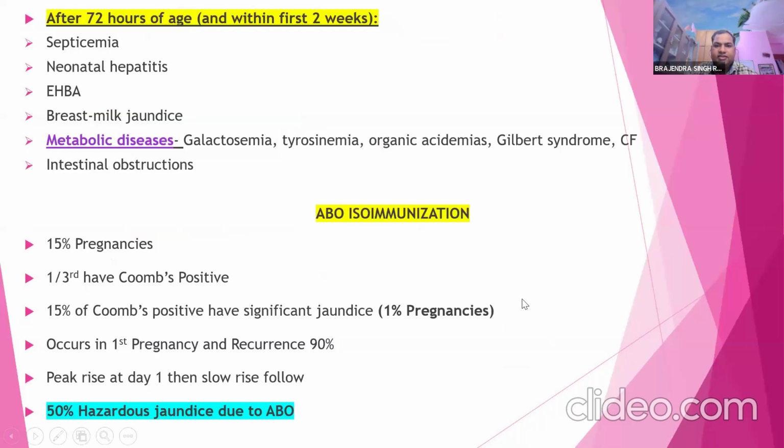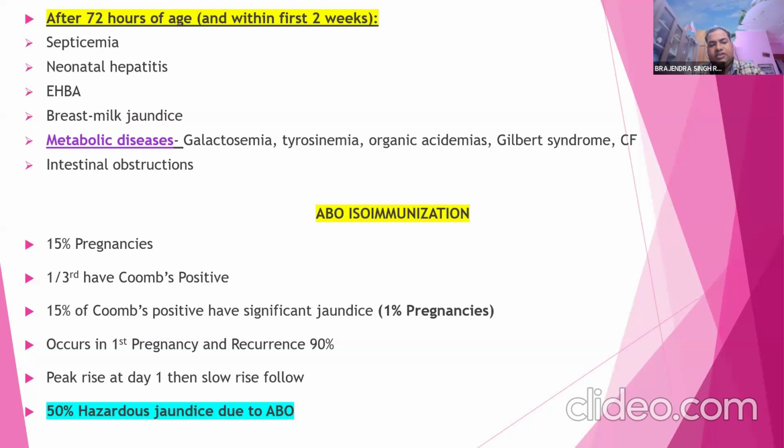Now, the important thing is ABO isoimmunization. ABO mismatch is found in about 15% of pregnancies, and one third have Coombs positive, and 15% of the Coombs positive have significant jaundice. It occurs in about 1% of pregnancies and recurrence is 90%. Peak rises at day one, then a slow rise follows.